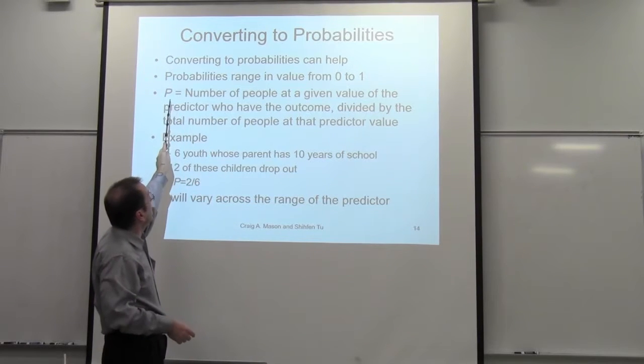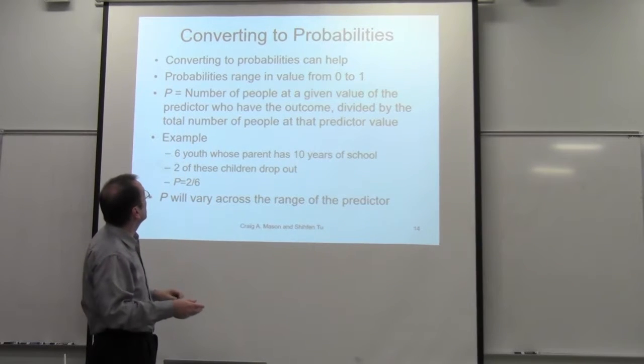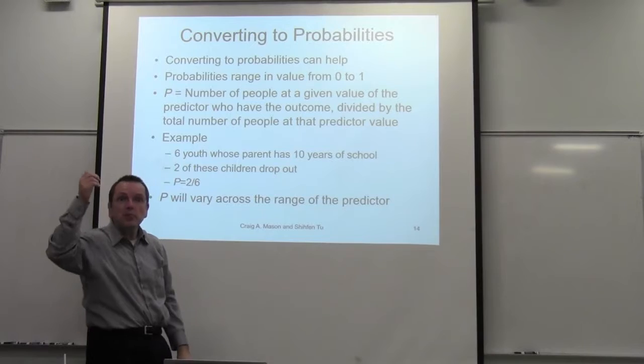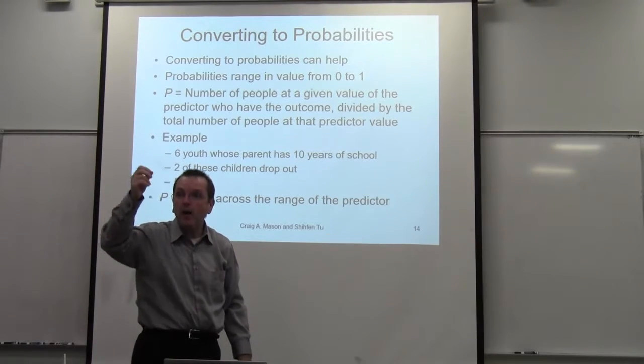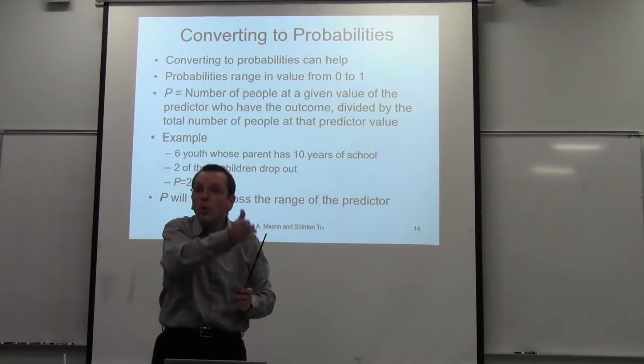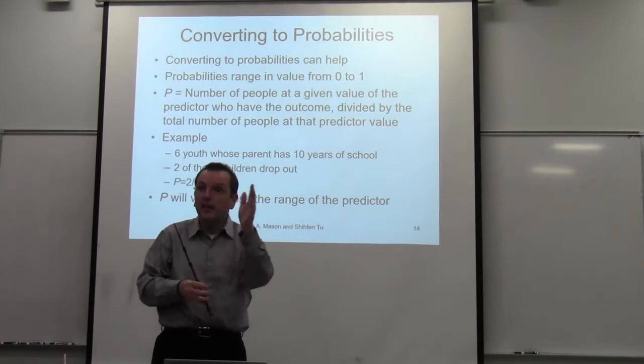So we can calculate P. You can think of P as the number of people who have the outcome, the number of ones we have at each value, divided by the total number of people at that level.